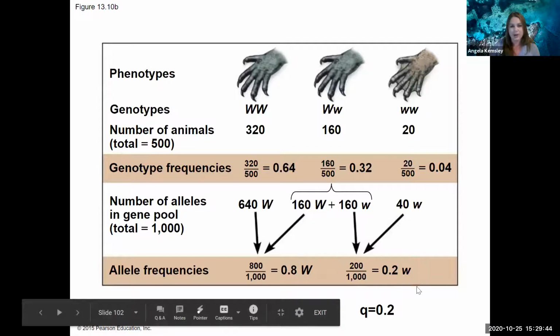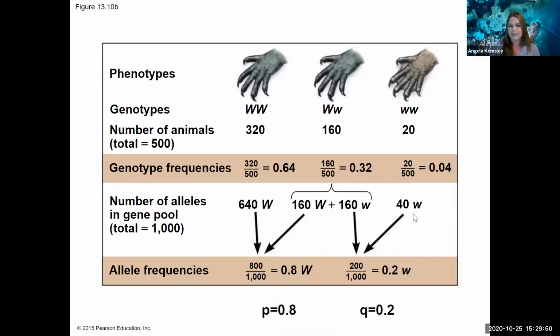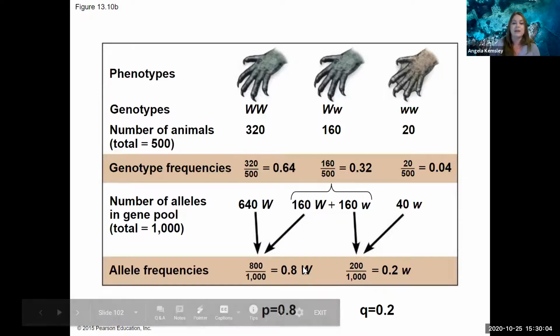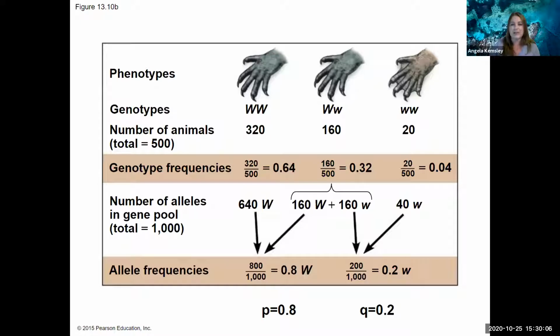For little w, our recessive allele, there's 200 of them, right? 160 from the heterozygotes, 40 from homozygous recessive individuals. So 200 divided by 1,000 is 0.2 as our allele frequency for little w. Again, remember in this example, big W represented p. p is the allele frequency of the dominant allele. q is the allele frequency of the recessive allele.